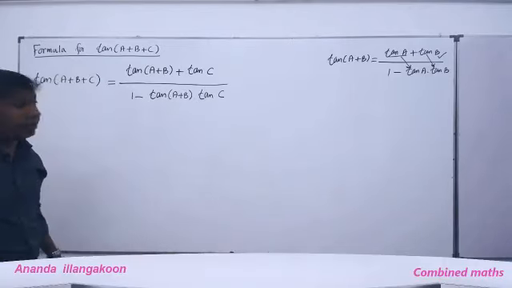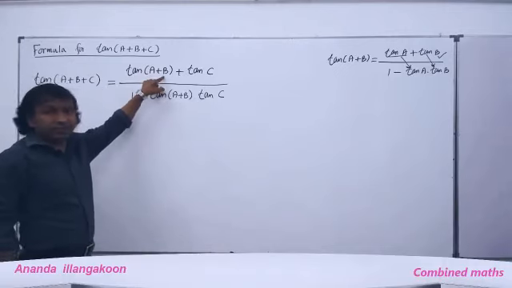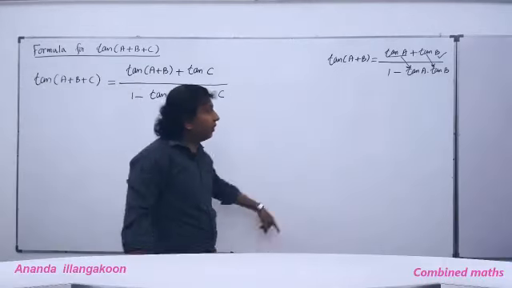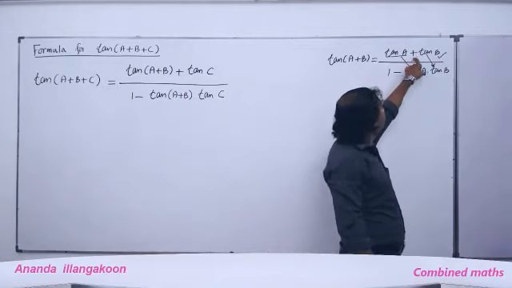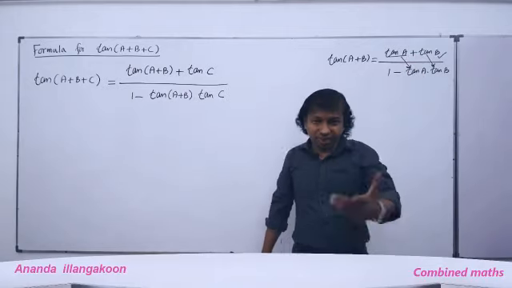Now here we have tan(A plus B). That we can again expand by this: tan A plus tan B divided by 1 minus tan A tan B. Expand it now.